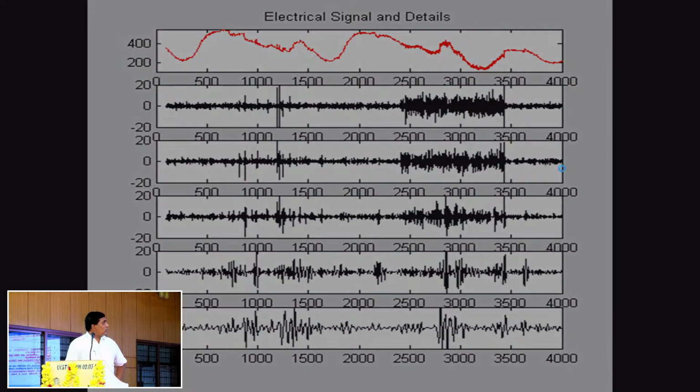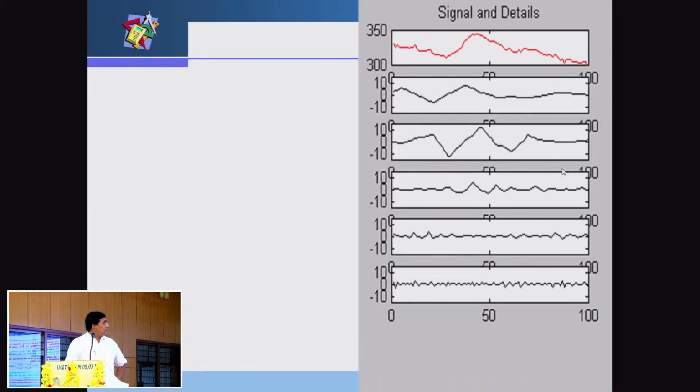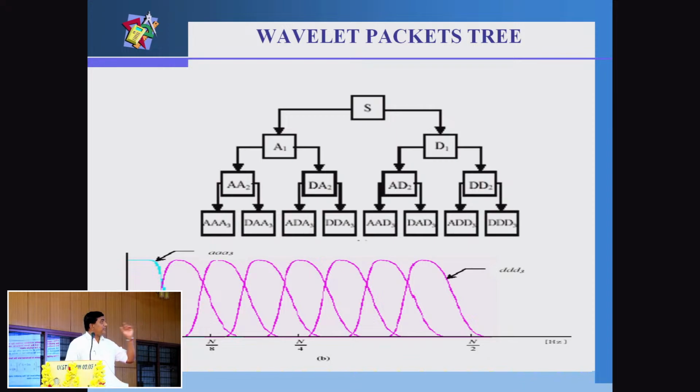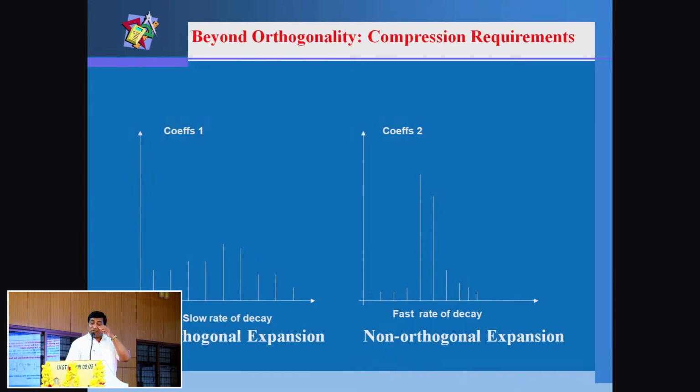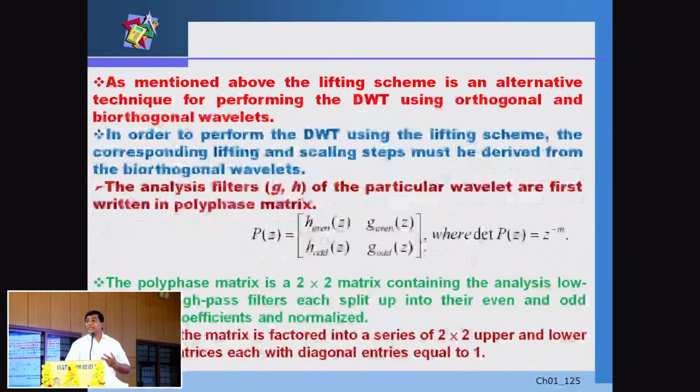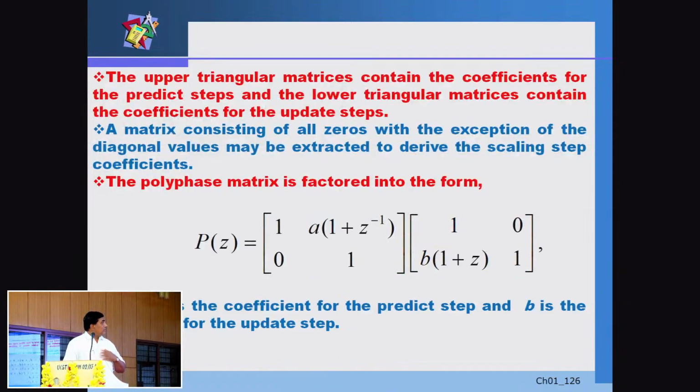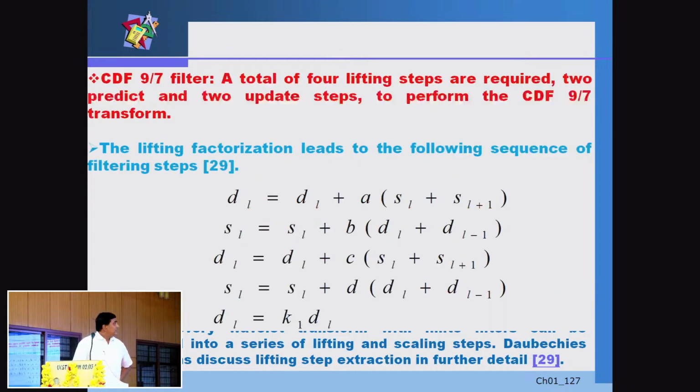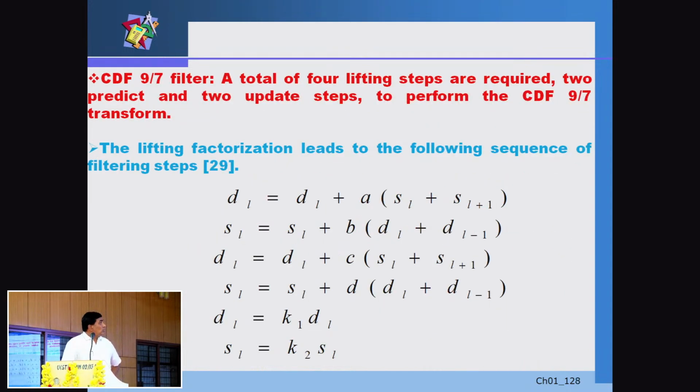So I wanted to show you this is the polyphase matrix. In the lifting scheme we designed, we have used this polyphase matrix. This is a tool where 4 lifting steps are required: predict steps and 2 update steps to perform.